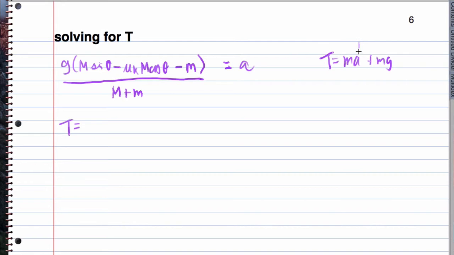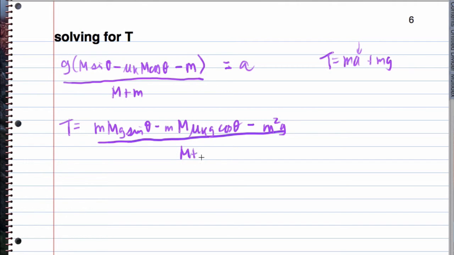So I'm going to put a in here and multiply by m. So I'm going to get little m, big M, g sine theta minus little m, big M, mu k, g cos theta minus m squared g all over big M plus little m. So that's little m times a plus mg.